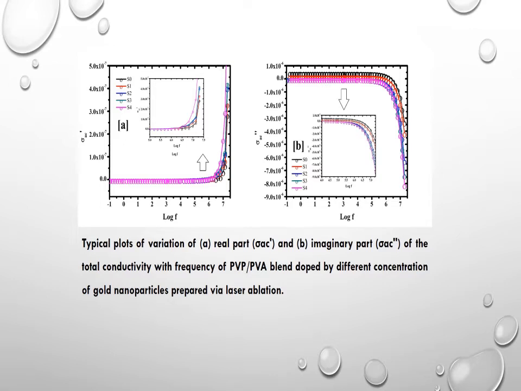It was observed in this figure that the imaginary part of AC conductivity had a small constant value at low frequency that decreased by increasing the frequency. All the values of sigma at high frequency increased as the doping of gold nanoparticle increased.